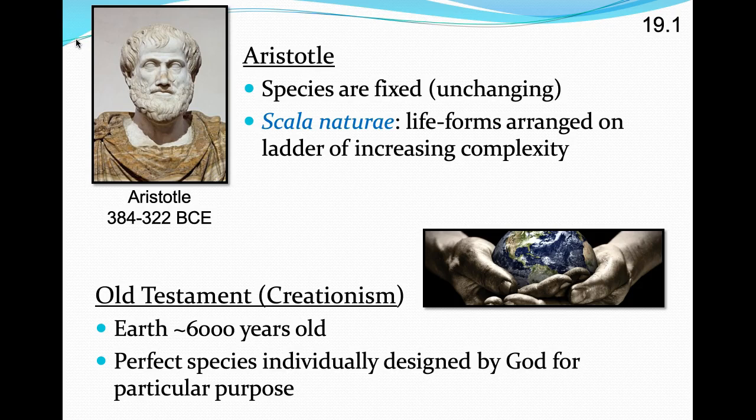These ideas pretty much remained solid until around the 1700s, when scientists started having different ideas about how organisms can change over time and the idea of evolution. But for a very long time, this was the main idea of how organisms existed.